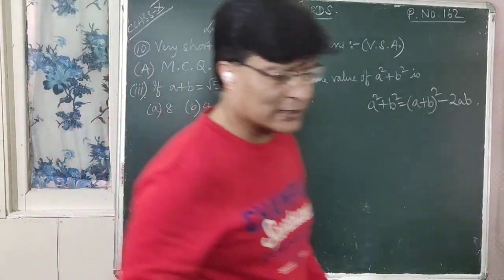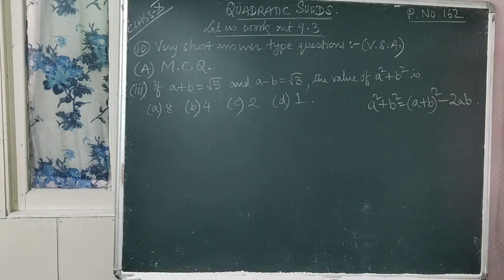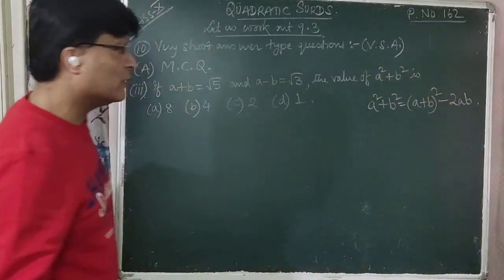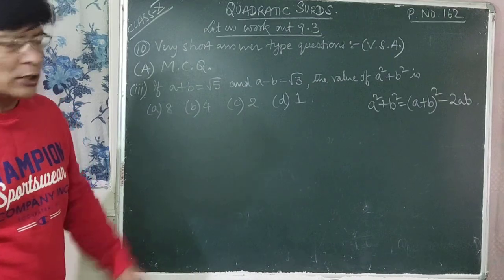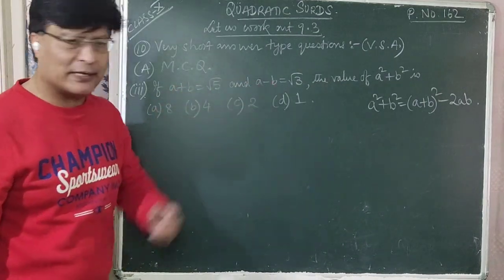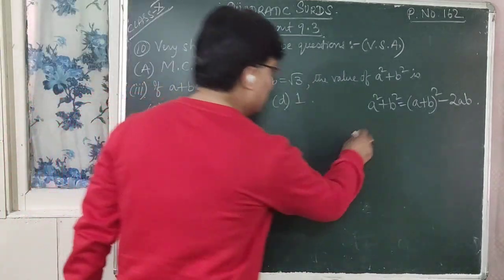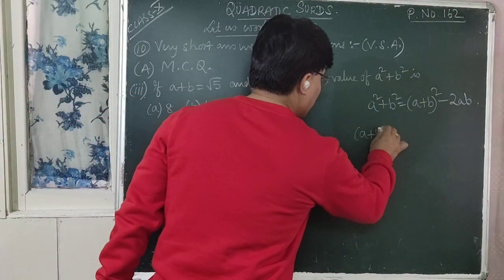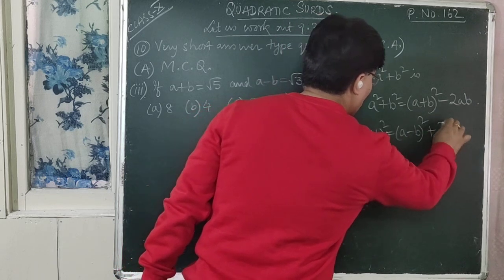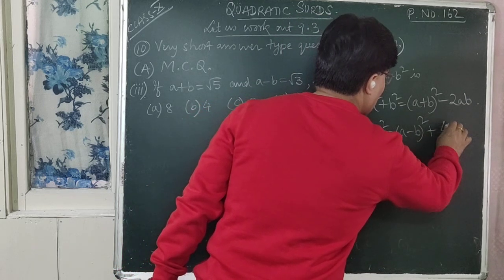In this case, first of all you have to calculate the value for ab. In order to get the value for ab from a plus b and a minus b, you have to use the formula a plus b whole square is equal to a minus b whole square plus 4ab.